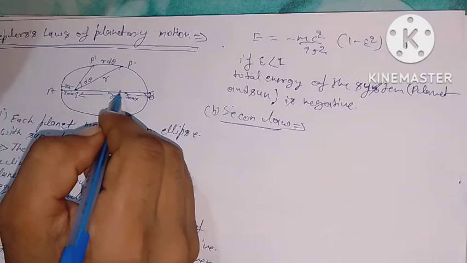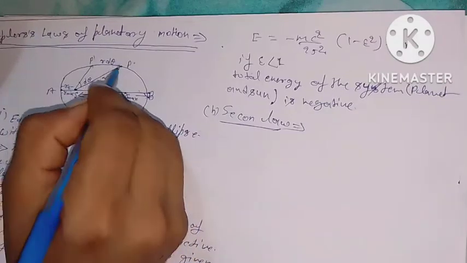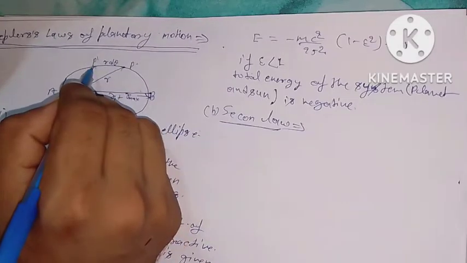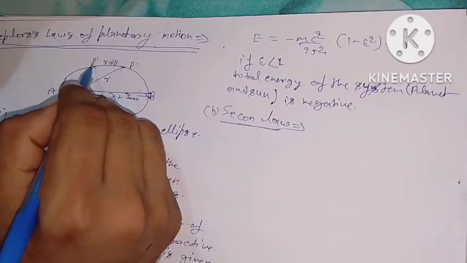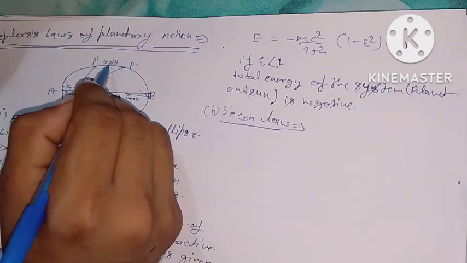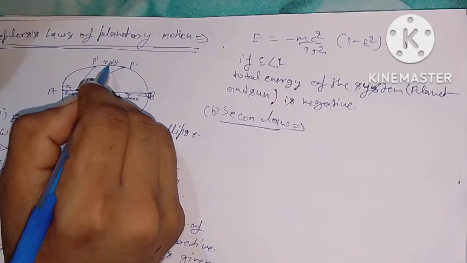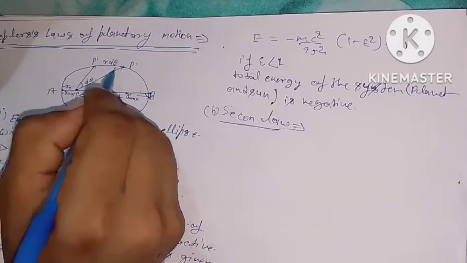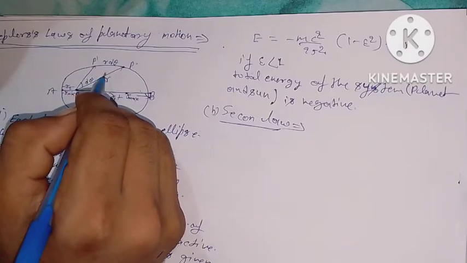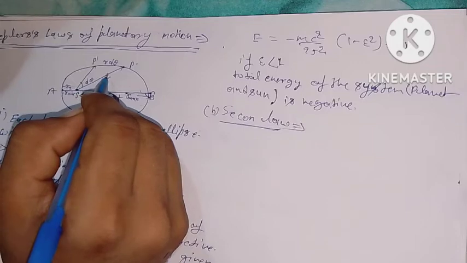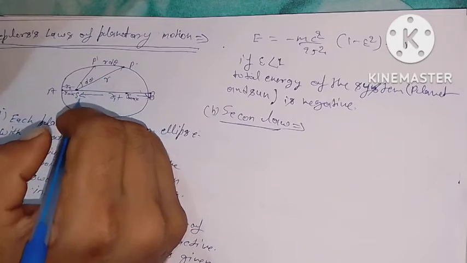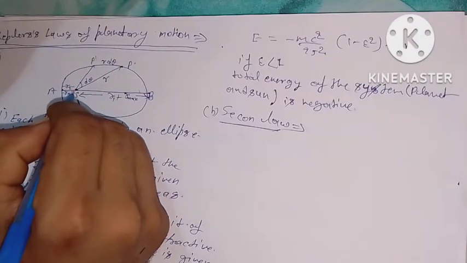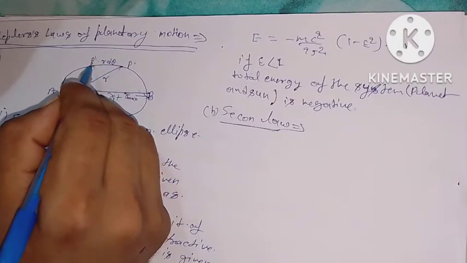If it moves from P to P dash in a small time dt, the area swept out by the radius vector is the area SPP dash.